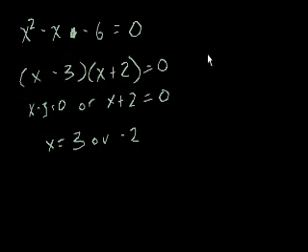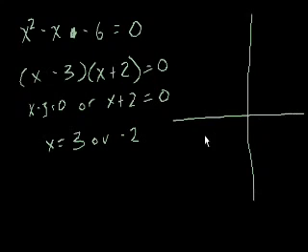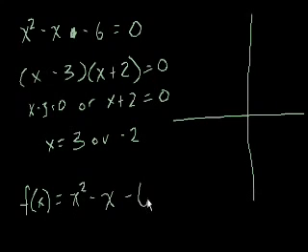A graphical representation of this would be, this is my very badly drawn graph, if I had the function f of x equal to x squared minus x minus 6. This axis is the f of x axis. You might be more familiar with the y-axis, and for the purpose of this type of problem, it doesn't matter. And this is the x-axis.